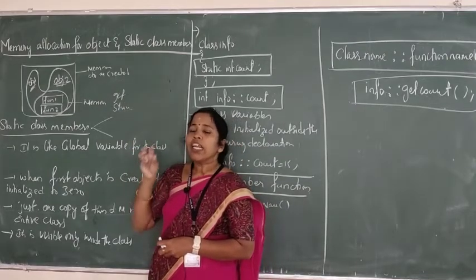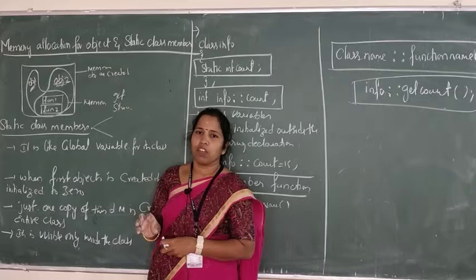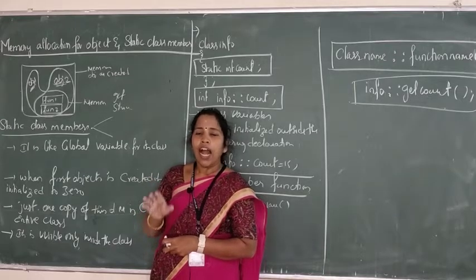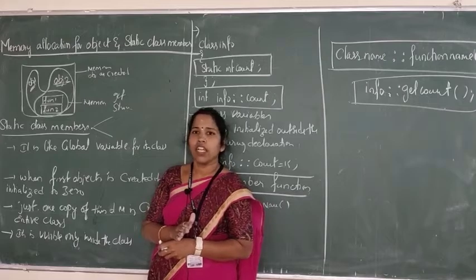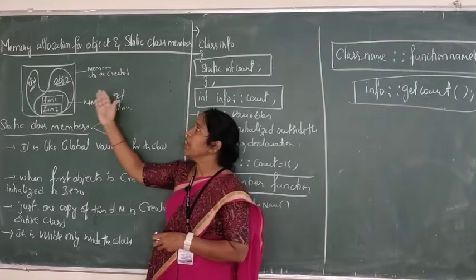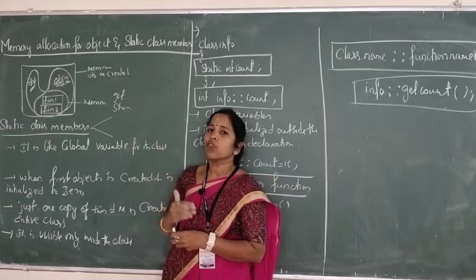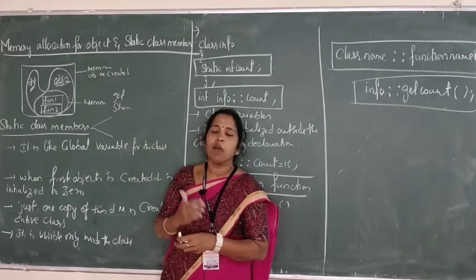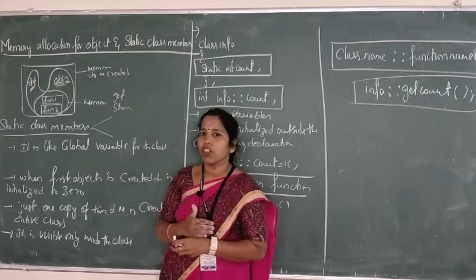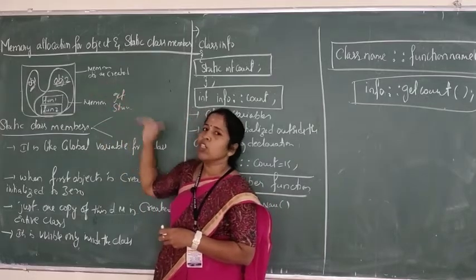Whenever you declare and define the member function for the first time, at that time only the memory is allocated for the functions. So the concept is memory allocation for the object. As soon as the member function is declared and defined, the memory is allocated for the member function, that is, for get data as well as show data.